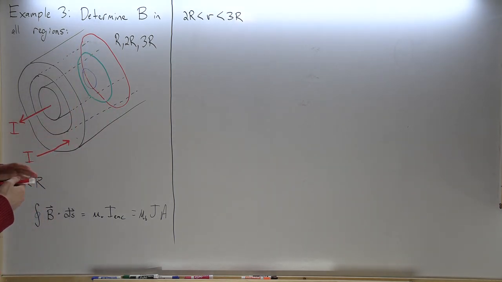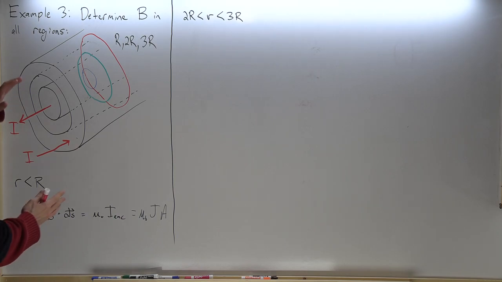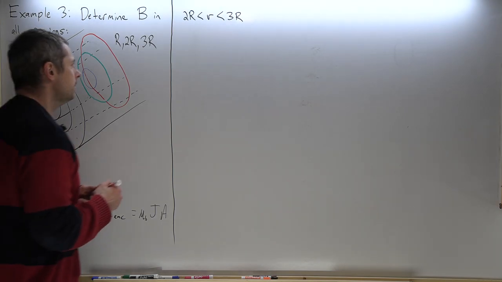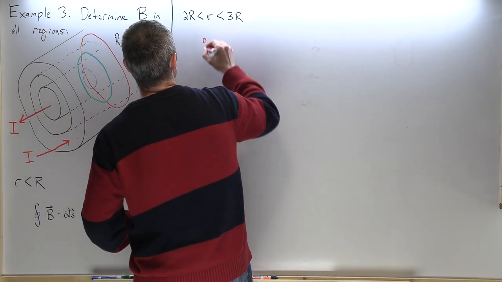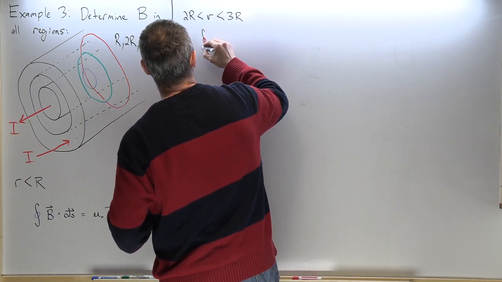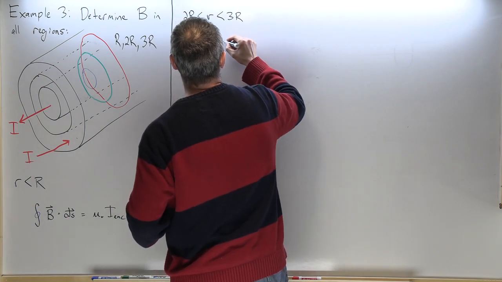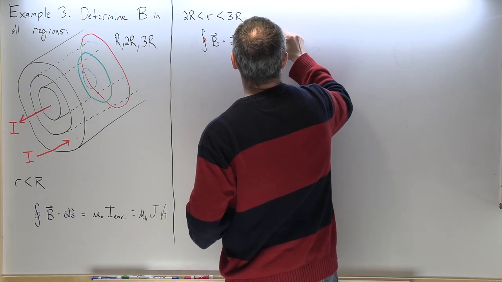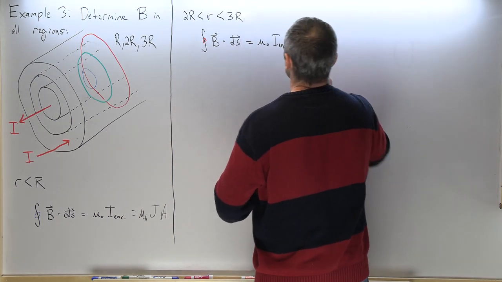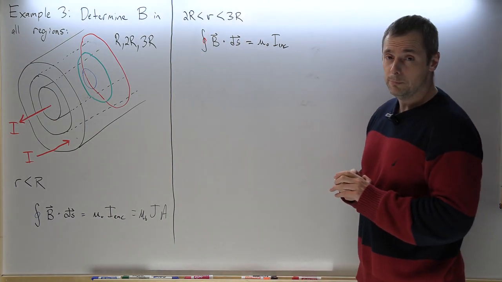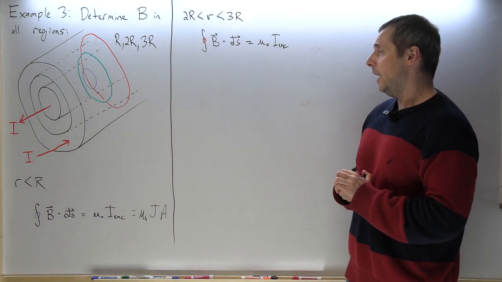So there's our new Amperian loop, a circle that's within this range of radii. So let's begin with Ampere's law. We begin by writing it out. Again, you're not missing any little symbol. The dot product, the vectors, the circle, and the integral, all critical mathematically for saying the right idea.